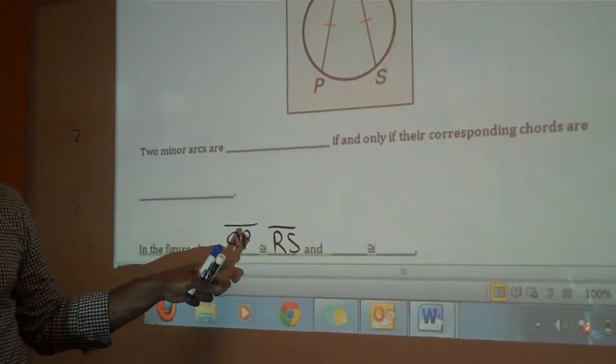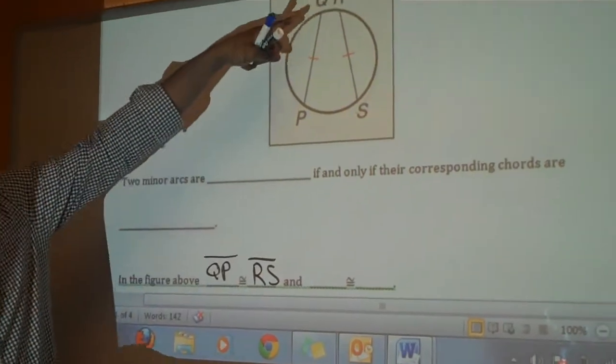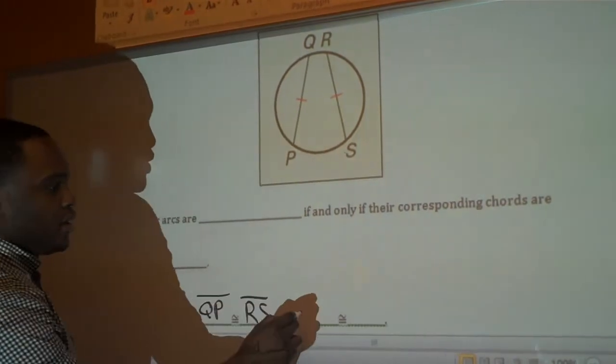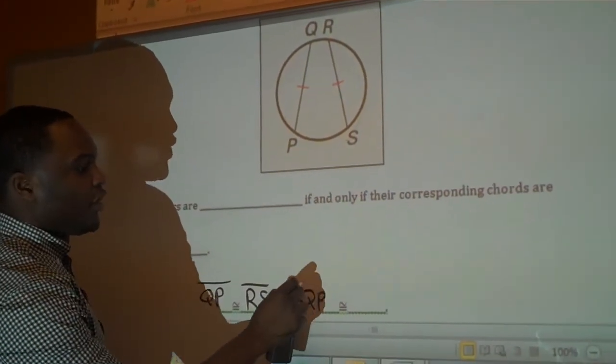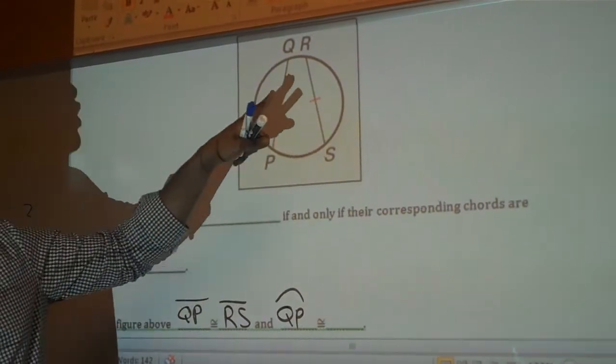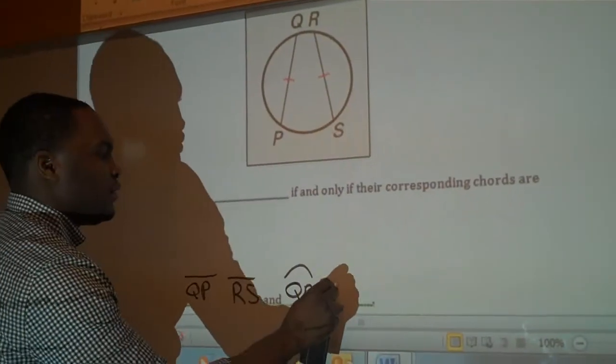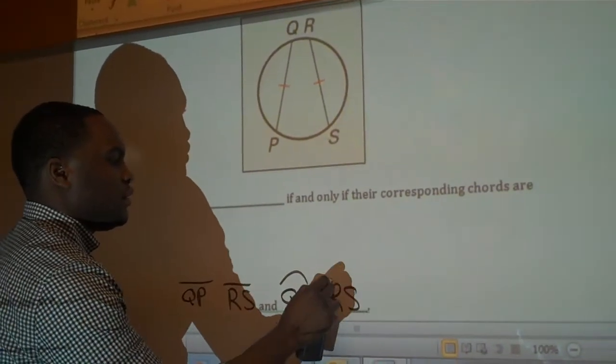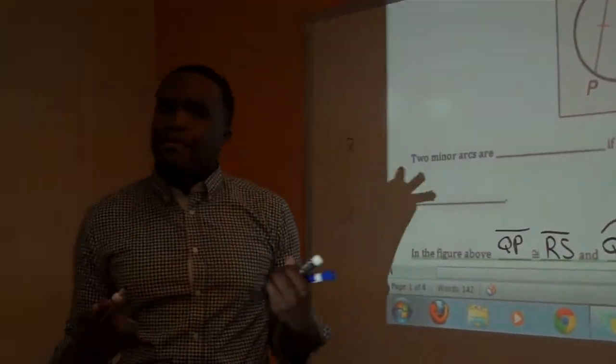And since QP is congruent to RS, then arc QP, so this time QP with the arc symbol, arc QP is also going to be congruent to arc RS. It's that simple. And it makes sense.